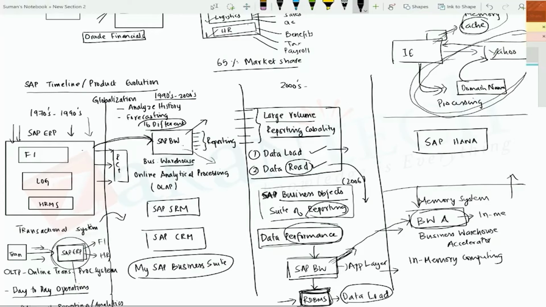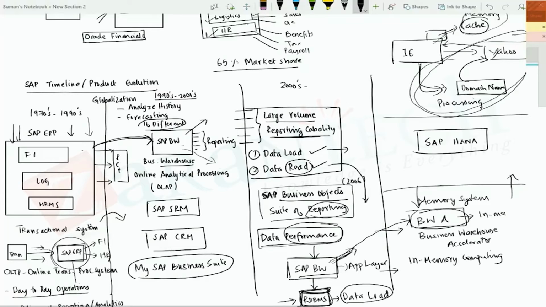Now, we understand that everybody is looking at SAP HANA for a few primary reasons. We talked about one of the major reasons being data performance. Data performance has been a primary criterion for organizations to start looking at SAP HANA as a product. But let's understand it in a little more detail.